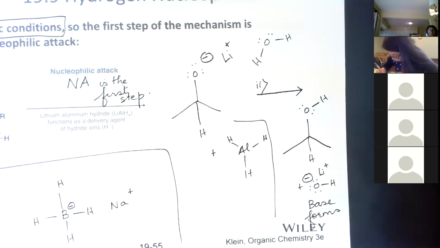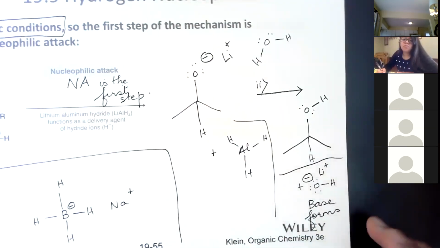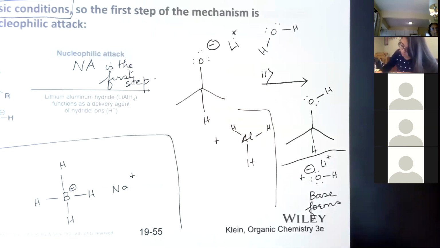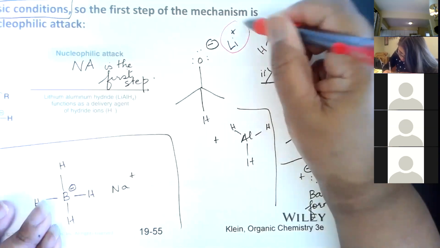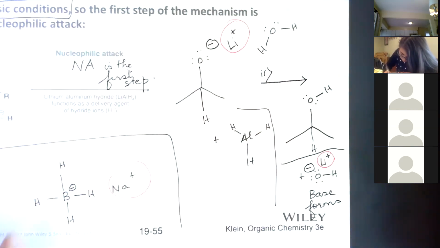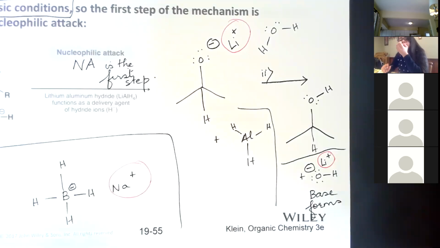Okay, you don't have to show the counter ion, but any other product formed must be shown in the mechanism. You see, I tagged the Li plus there. Counter ions. These mechanisms are short and sweet.